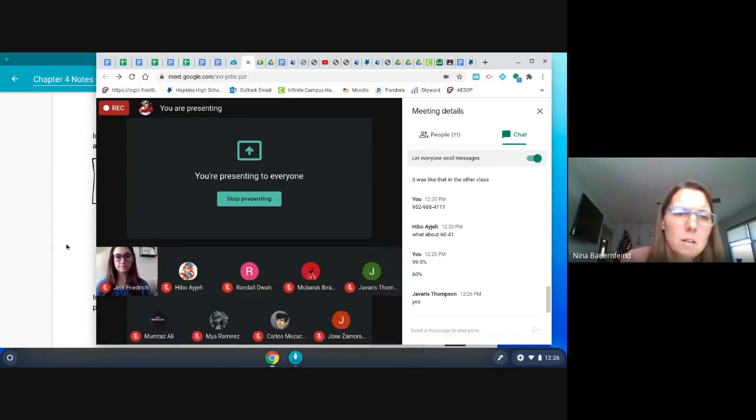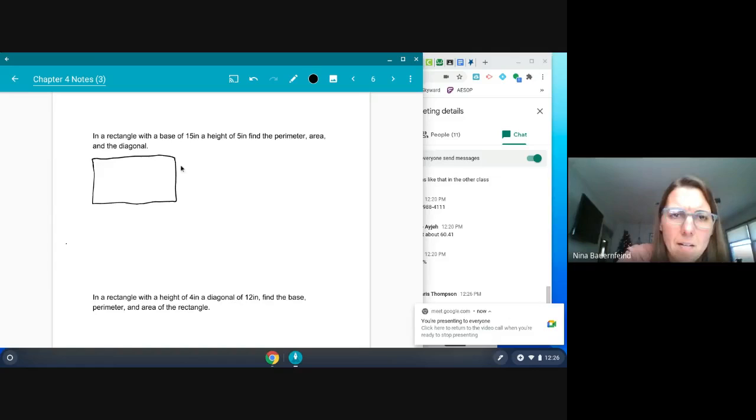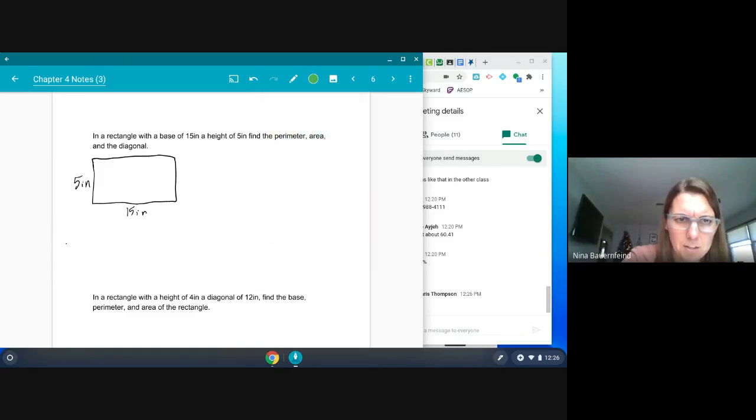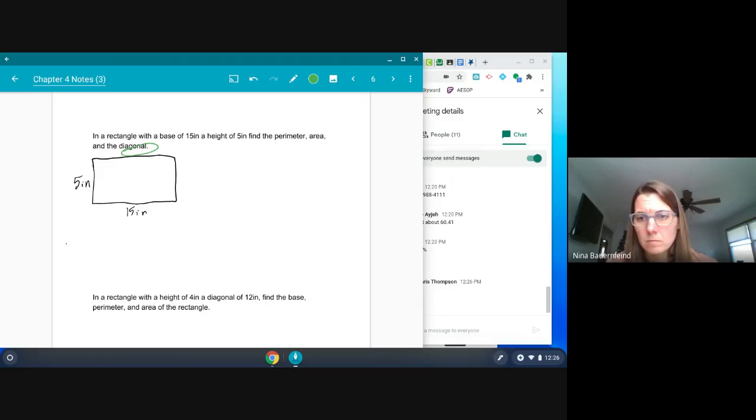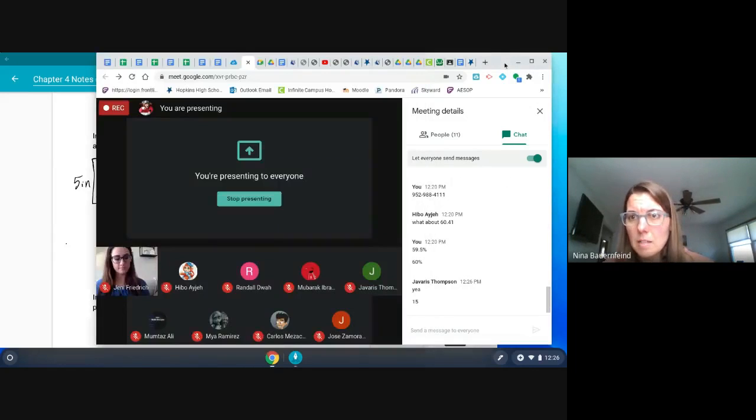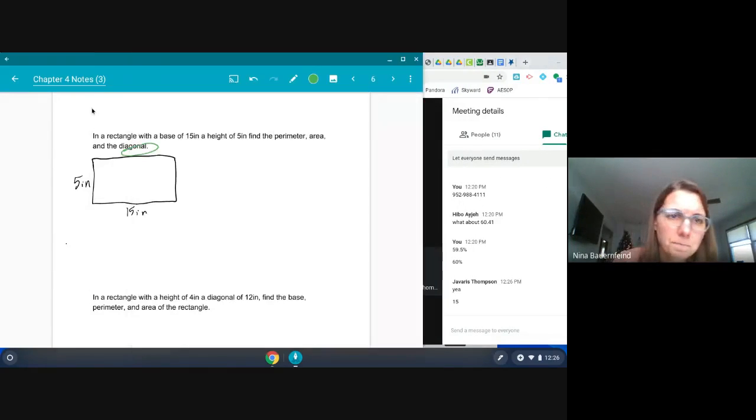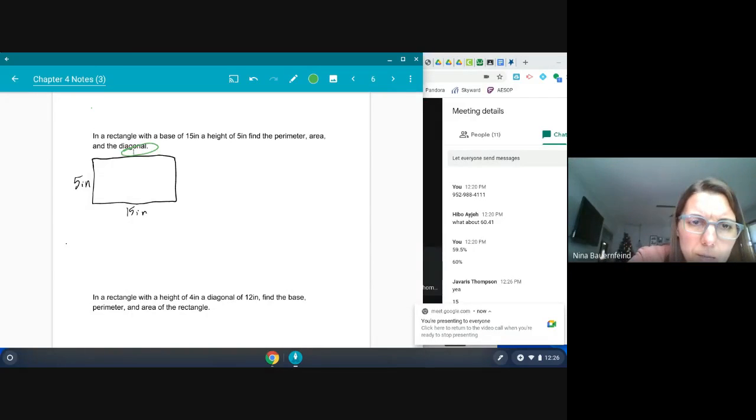So it says a base of 15 inches and a height of 5 inches. Well, if those two numbers are on there, what is this length going to be up top? Yes, it's going to be 15. So this is going to be 15. And what's this one going to be?